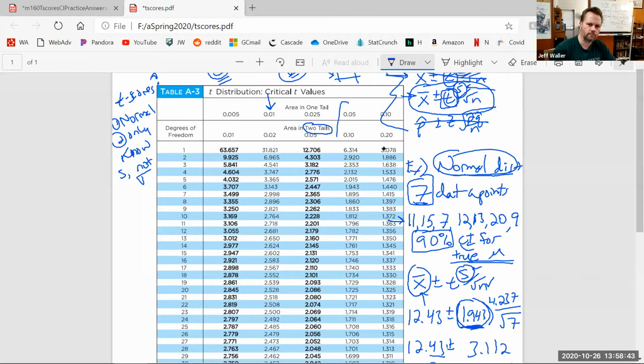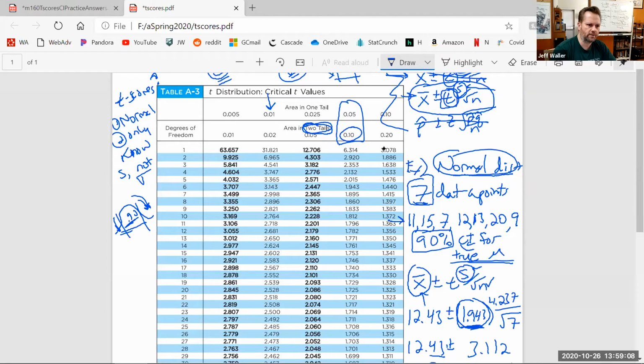It's harder to mess this up because either way you look at it, it's the same column. If I have a 90% confidence interval, what total is out here? 10% outside, 10% in two tails.